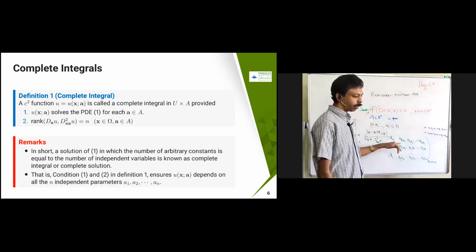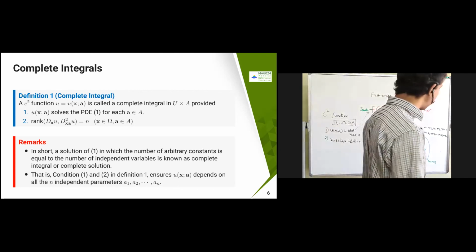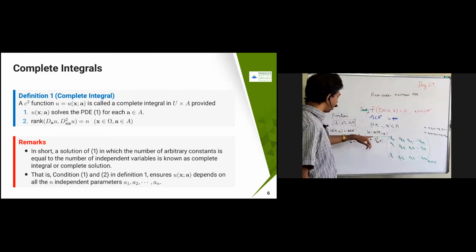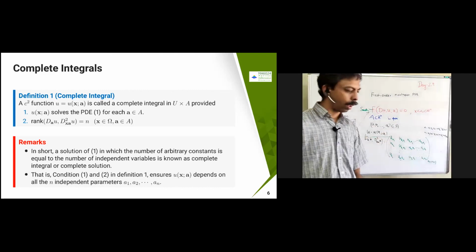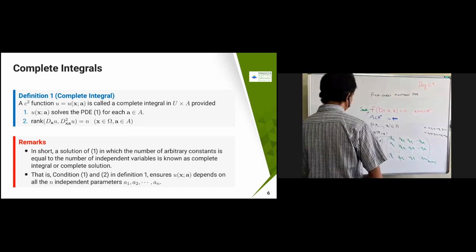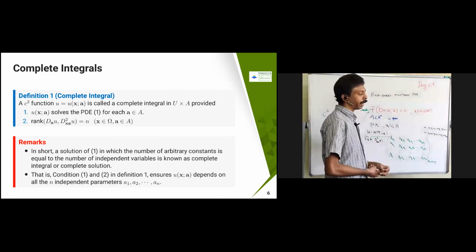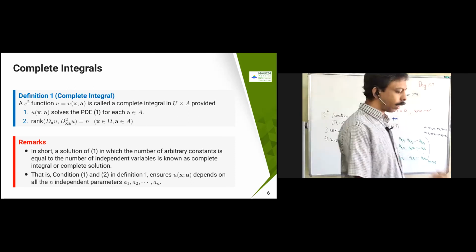So it is a solution in which the number of arbitrary constants is equal to the number of independent variables. Otherwise, you are not going to get the complete integral. We will see that in the proof also.